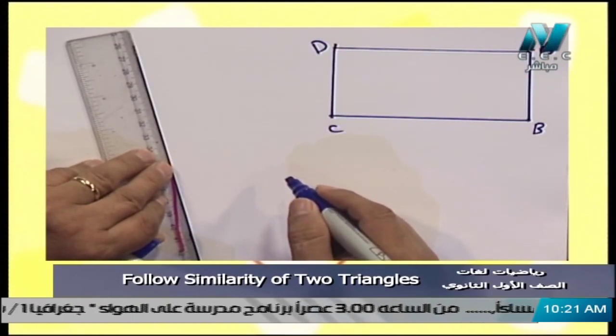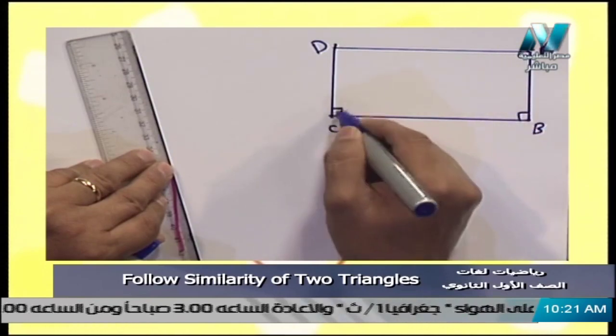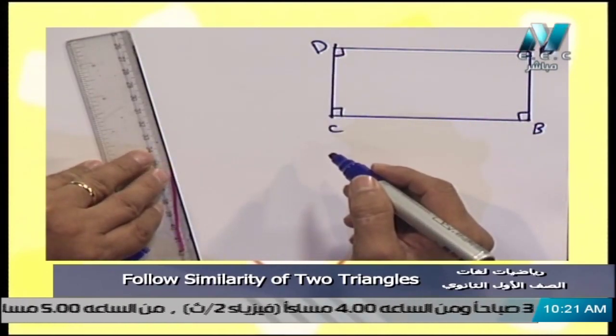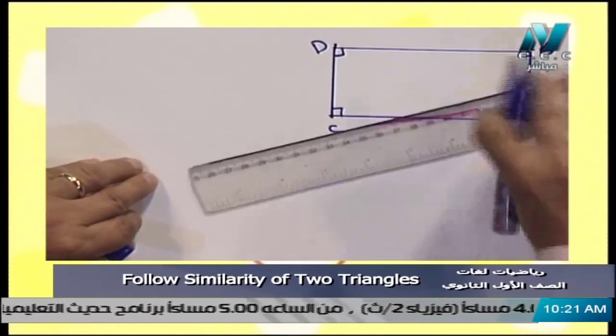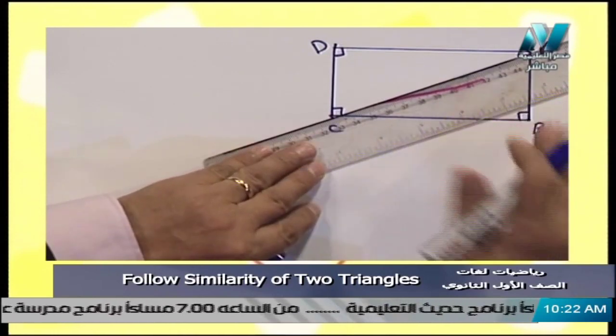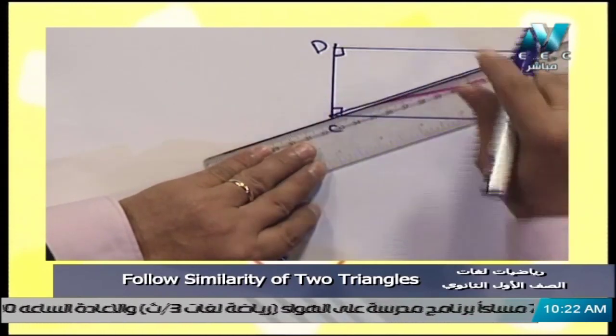We know about a rectangle, all angles are right, and each of them equals 90, of course. And let us join AC, the diagonal AC.